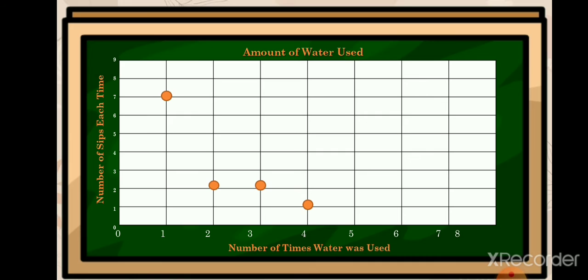The fifth time, you got a little thirsty, so you took 5 sips, and we put the dot here. The sixth time around, you took 3 sips, and we put the dot here. And in the end, you were quite thirsty again, so you drank 8 sips of water, and lastly, we put the dot here.